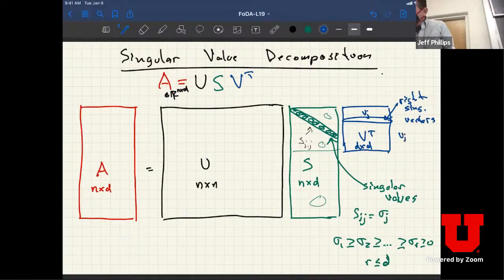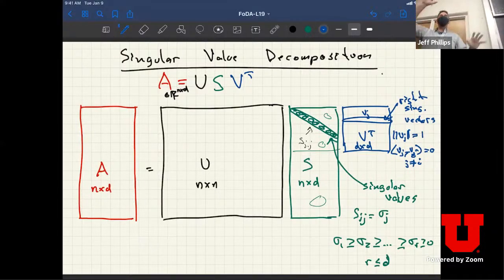So the norm of Vj is 1, and the dot product of Vj and Vi is going to be equal to 0 for j not equal to i. So this is an orthogonal matrix.